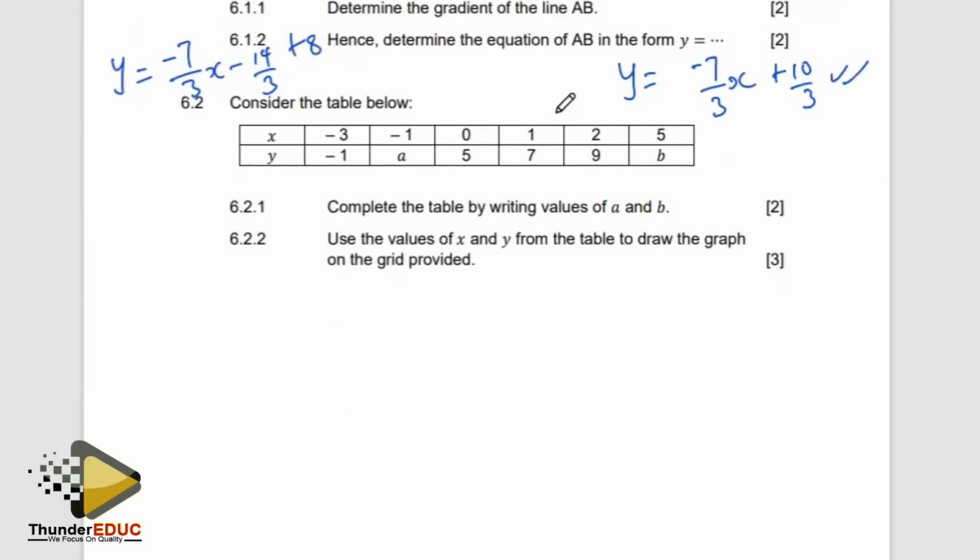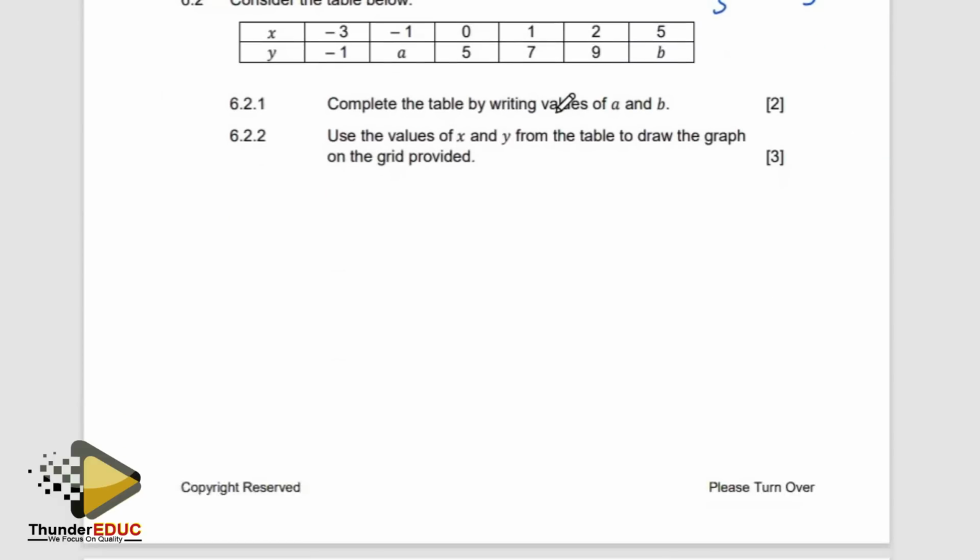Then 6.2, consider the table below. Complete the table by finding the values of A and B. Okay, so what's going on here? If this is 1, 2, 0, which means the pattern is growing by 2.